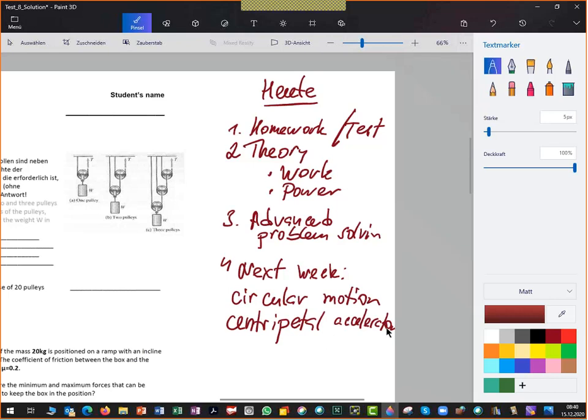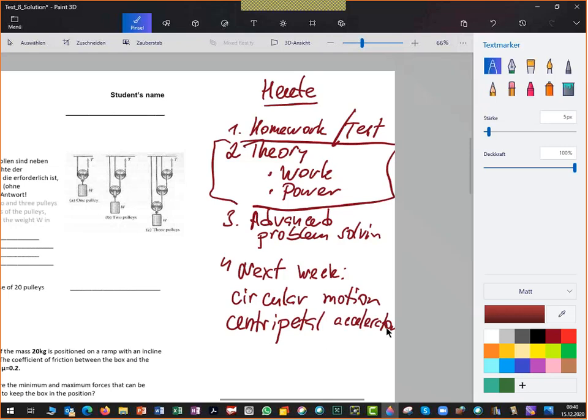So that means your additional homework is to take a look in the book chapters, whatever book you use, Tipler or Halliday or Stewart. You can check the theory concerning work, which will be not much and it will be not stressful, and most of you don't even need it.